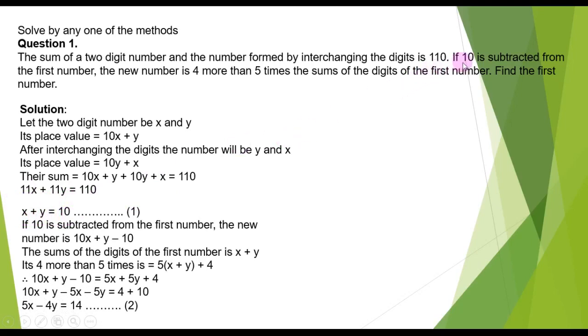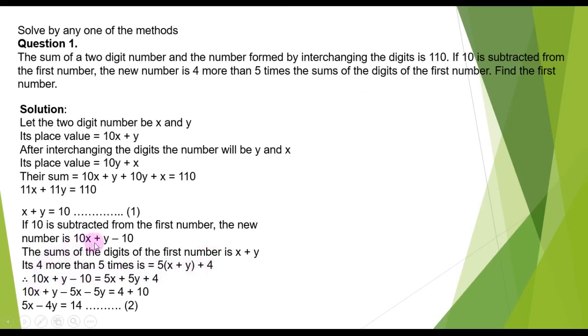Next, if 10 is subtracted from the first number, so what is the first number? 10x plus y. So 10x plus y minus 10. The new number is 4 more than 5 times the sum of the digits of the first number. So it's 4 more than 5 times, that is 5 into x plus y, plus 4.